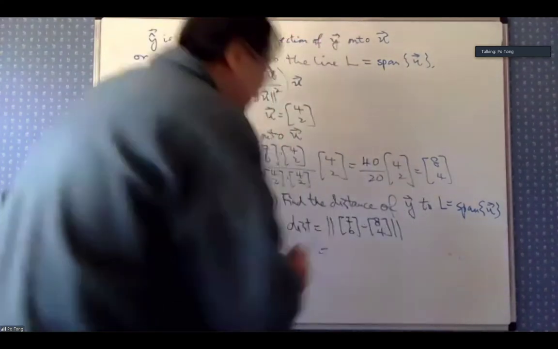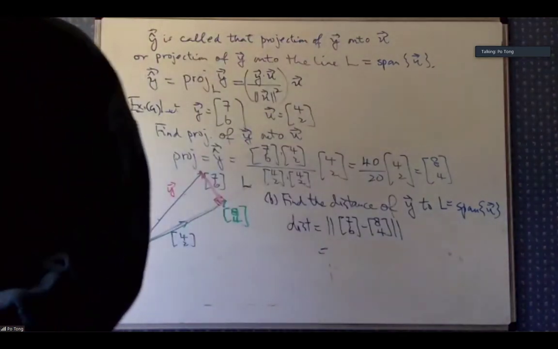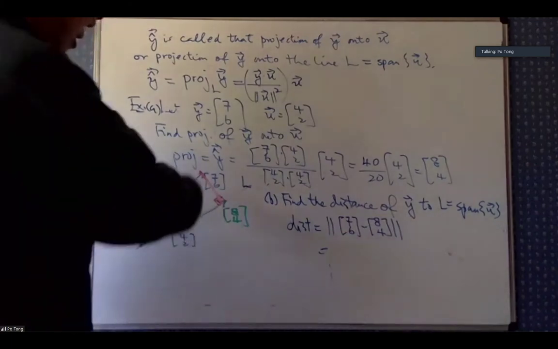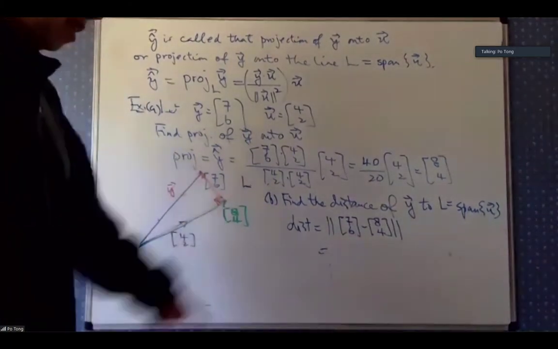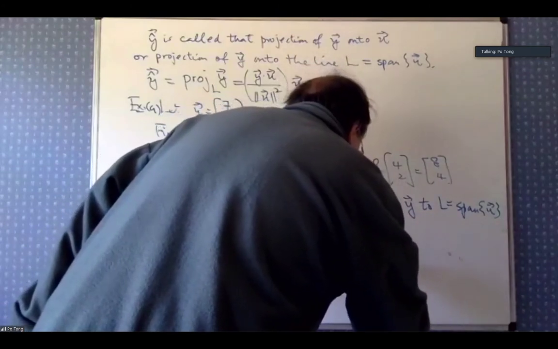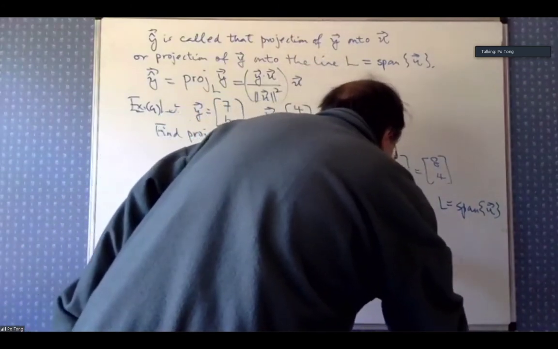Do you guys follow that? The distance between those two points will be the distance of the point to the line because you're dropping a perpendicular vector. Minus 1 squared plus 2 squared, square root. I think it's square root 5.